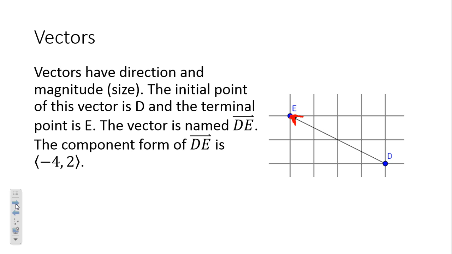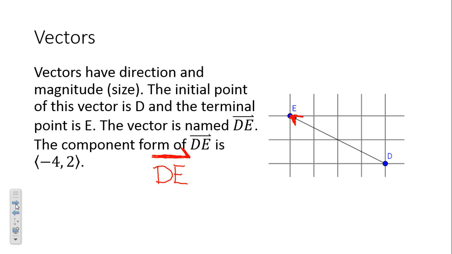And notice the notation here, the symbolism. DE has a half an arrowhead on it. So it's not a ray, it's a vector. It's just telling you how far to move and in what direction to move.